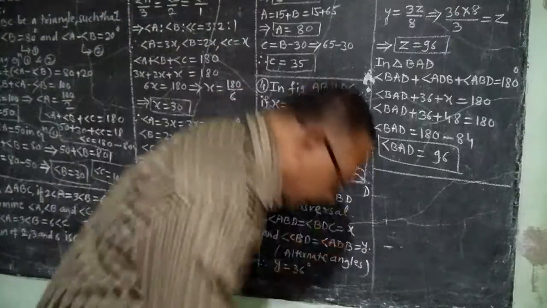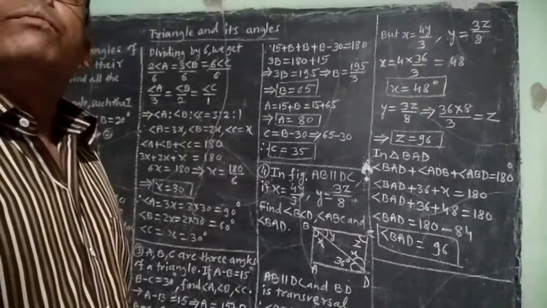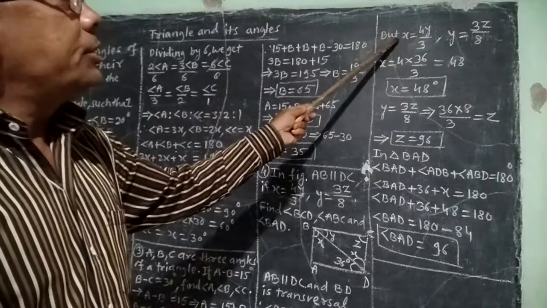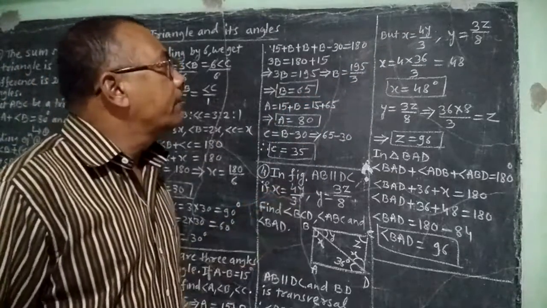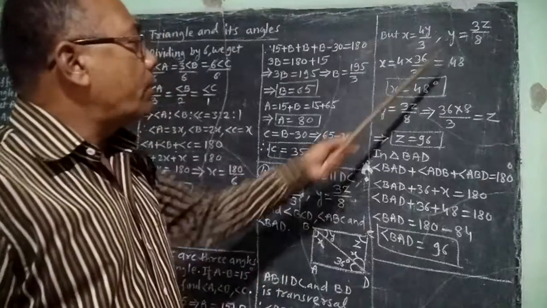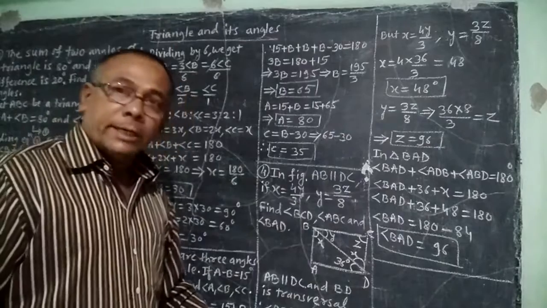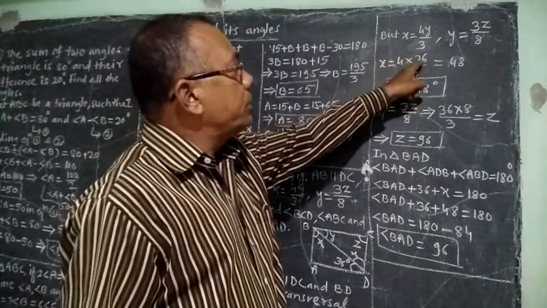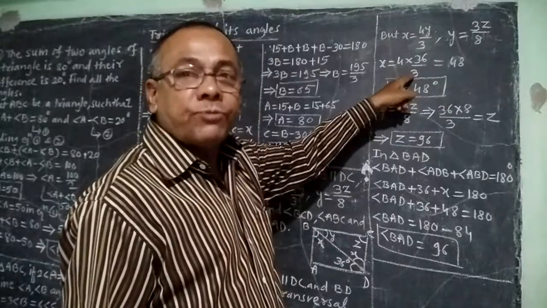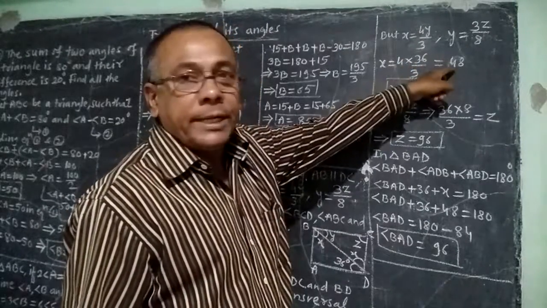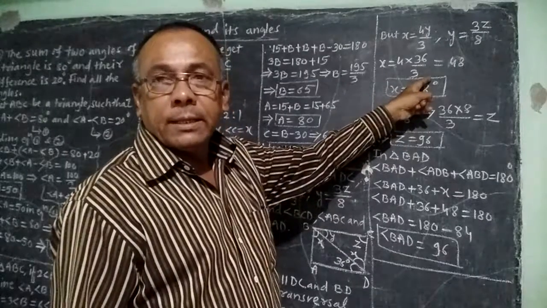And now x is equal to 4y upon 3, given x is equal to 4y upon 3 and y is equal to 3z upon 8. Now x is equal to 4 into the value of y, which is 36. If we substitute 36, we get 36 divided by 3, which is 12, and 12 fours are 48. In this way x is equal to 48 degrees.